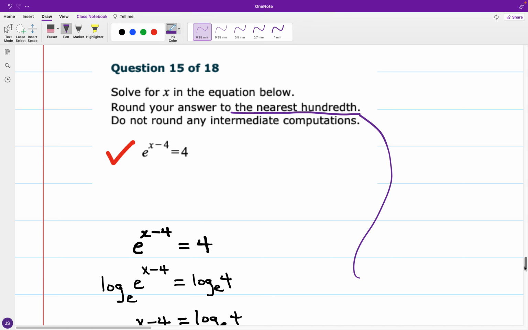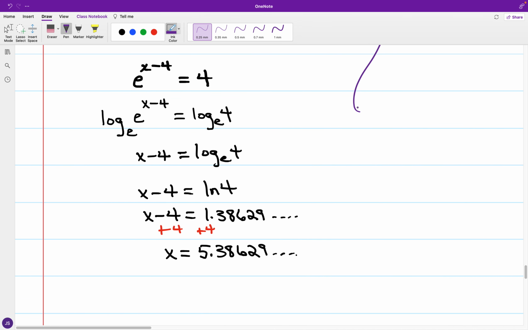So we're looking at the number in the hundredths place. We got 8 in the hundredths place. Next to it is 6. And if the number to the right is 5 or greater, which it is, then the number in the position that is concerned is going to round up. So for the final answer in this one, we come out to 5.39.